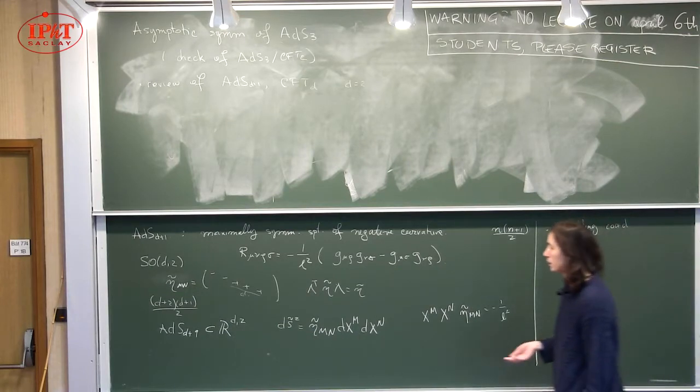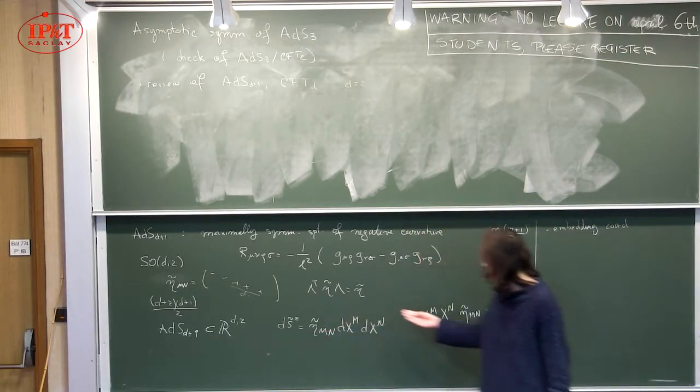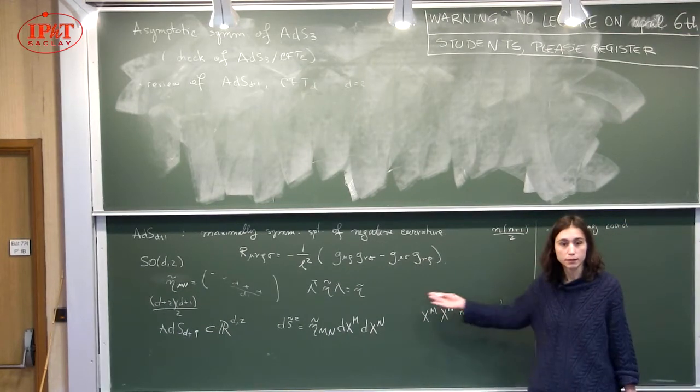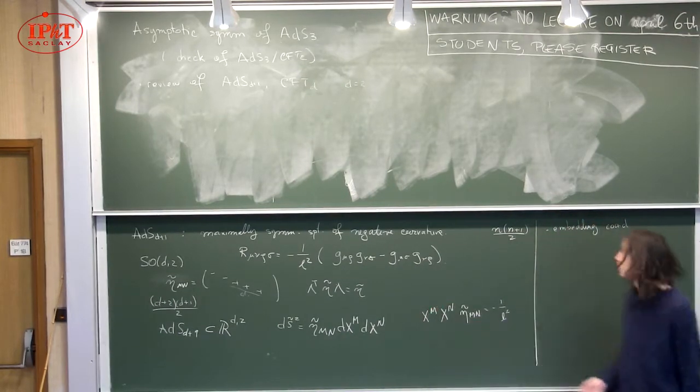So you can write the metric on AdS in this way, but then you have a constraint, or you can just introduce coordinates until the constraint is automatically solved for.